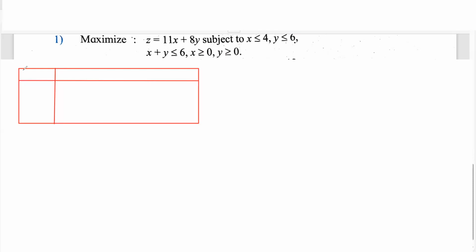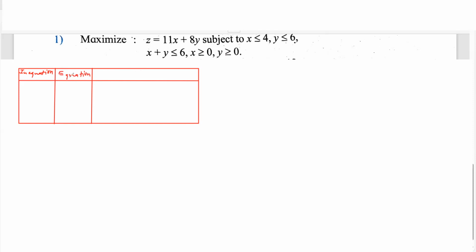I write here the inequation. And then here I will write the corresponding equation.